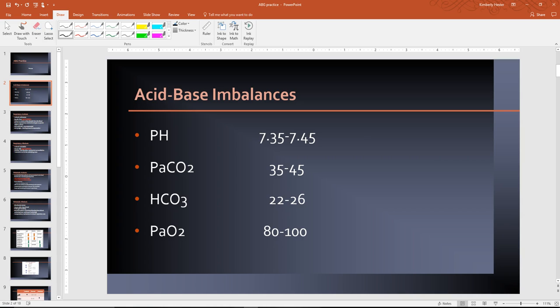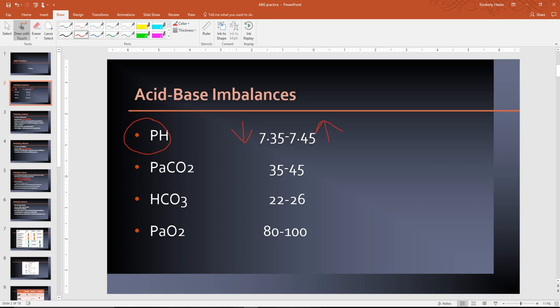Alright, so when we're looking at acid-base imbalance, when we're taking care of patients at the bedside, what we're going to start off with is looking at the pH. Your pH has to be within a certain level. It can't be too acidic or too alkalotic, because then your patient's body, the cells, the organs, the systems cannot function properly.